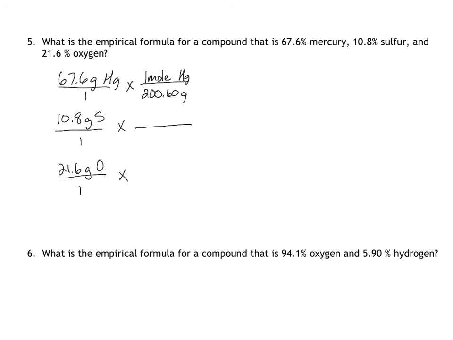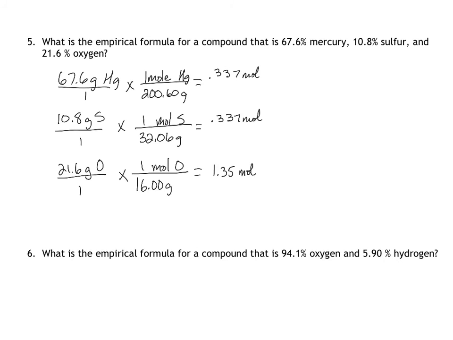Sulfur, I look on the periodic table, and it's 32.06 in 1 mole of sulfur. Oxygen, I pretty much have that one memorized by now, as you probably do too. 16 grams in 1 mole of oxygen. So now I'm ready to do the math. I'll put it on pause here and go ahead and calculate that.